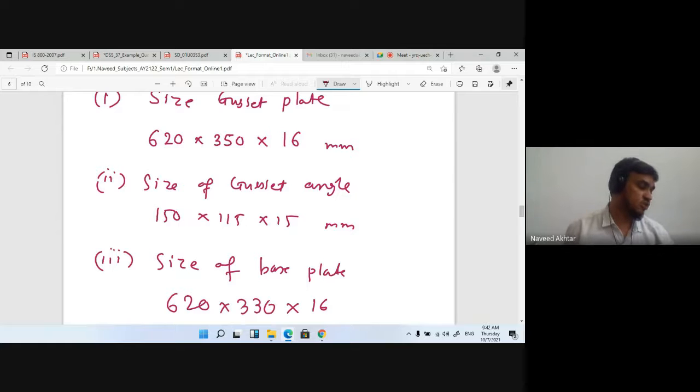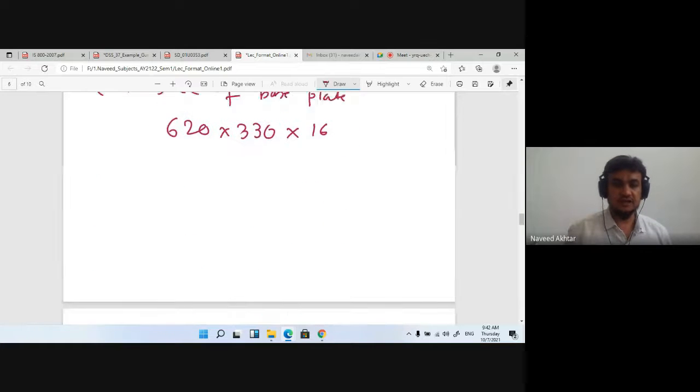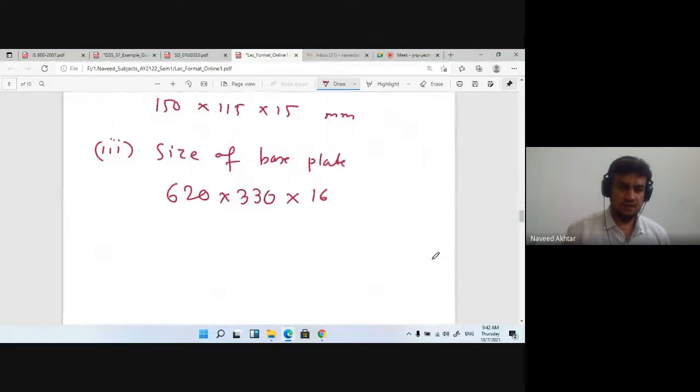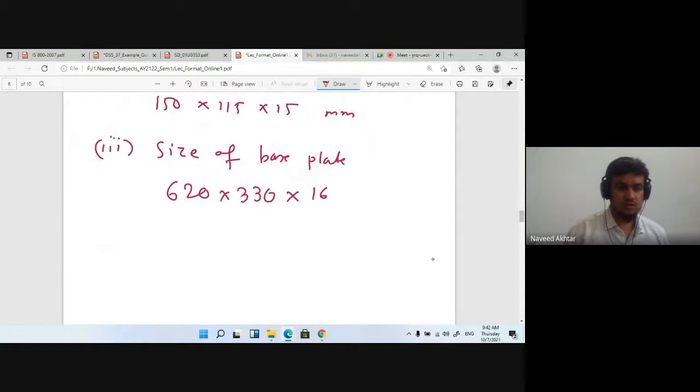Okay, and there are some checks. The check is that S0, this distance S0, should be less than or equal to 13.6 epsilon into Tg.